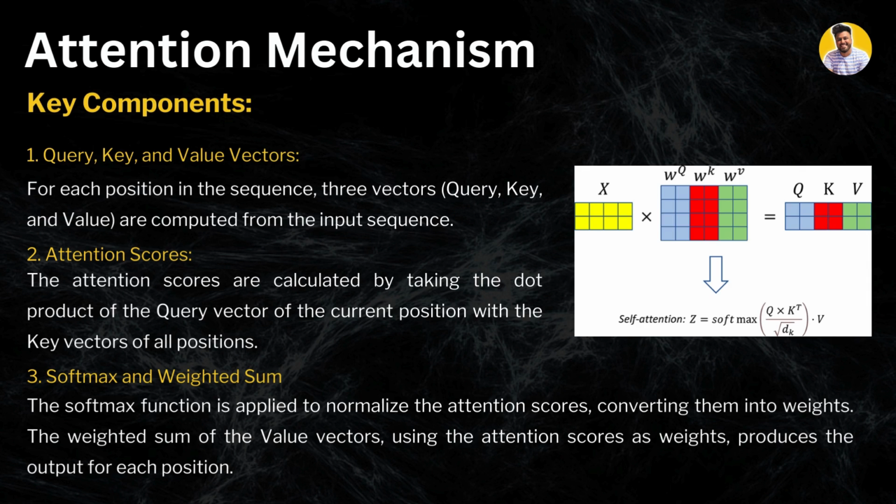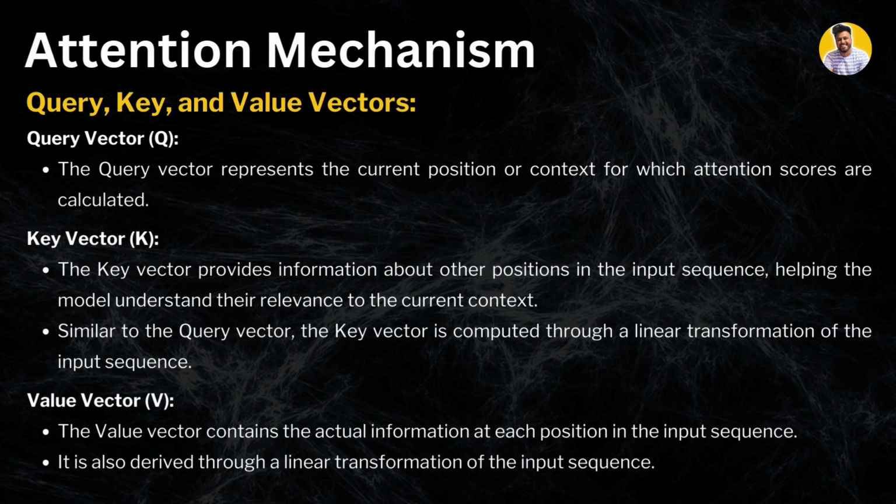Now let's talk about the query, key and value vectors in detail. The query vector represents the current position or the context for which attention scores are being calculated. If we have a sentence and we choose the position of a certain word, that is the query vector.